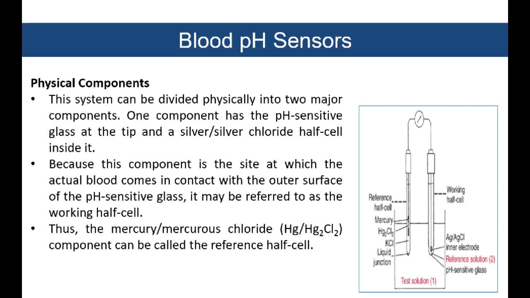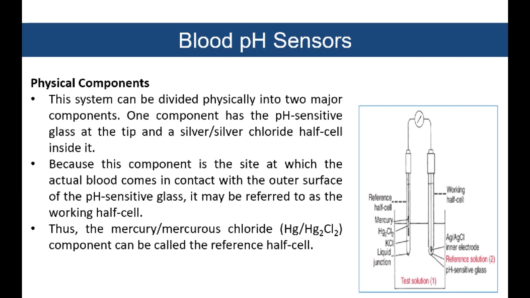The physical components of the blood pH sensor divide into two major components. One component is the pH sensitive glass at the tip and the silver chloride half cell inside it.